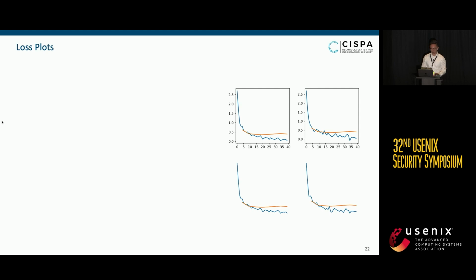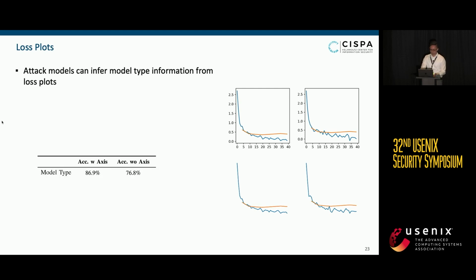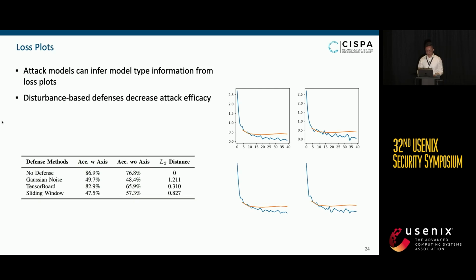As we mentioned before, loss plots are another widely used scientific plot, and we also conducted some experiments to see if the attack is still effective on a different type of plot. We find our attack can successfully extract the model type information from the loss plot, both with or without the axis information.